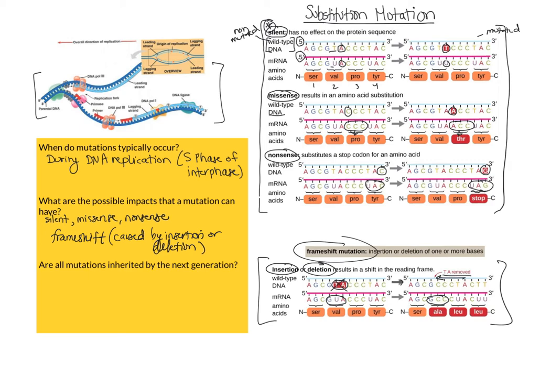Okay, so we've got substitutions, which can be silent, missense, or nonsense, and then frame shift, which can cause a whole bunch of changes to the amino acid sequence because it shifts the reading frame. Okay, actually, let me go back for a sec. Real quick reference to Unit 1, right? Remember that the reason this matters of changing the amino acids is because we know that different amino acids can have different properties, right?